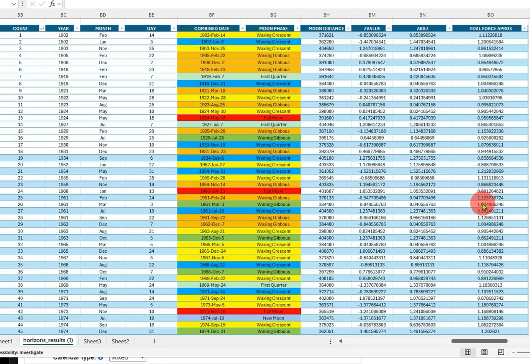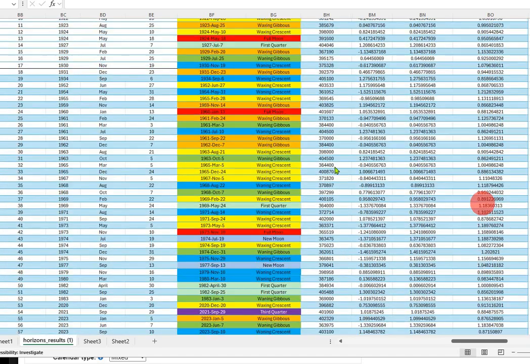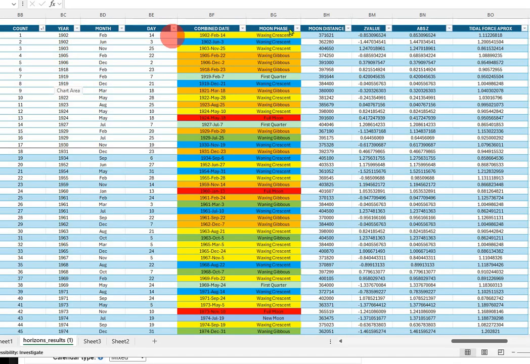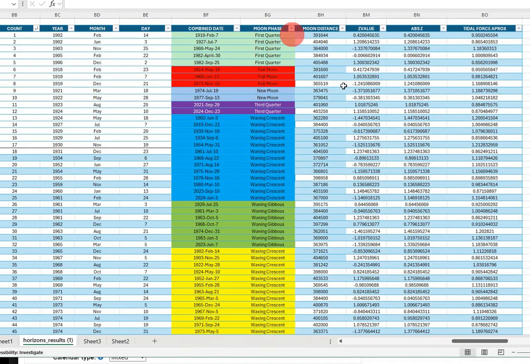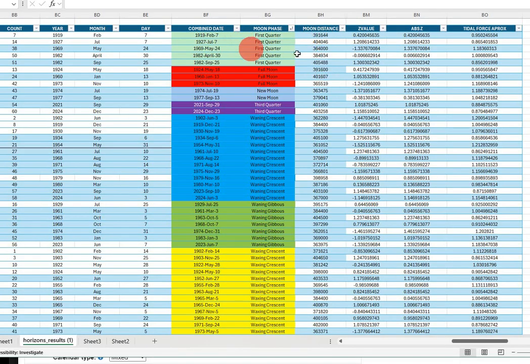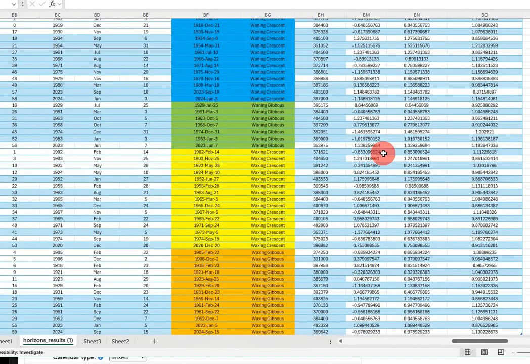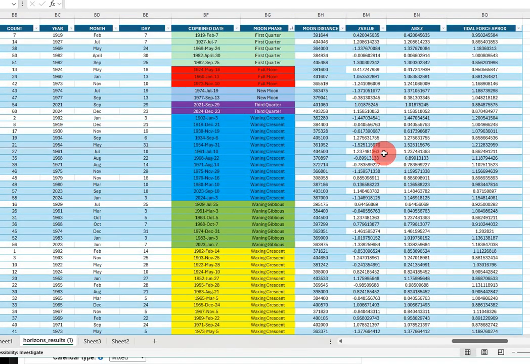So I created this list of all the eruptions and the distances. Right now they're in chronological order, but I can sort them by moon phase. And we're going to see that we don't have an equal distribution. We have more in some categories than others.